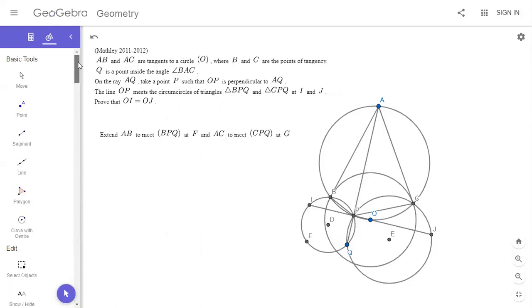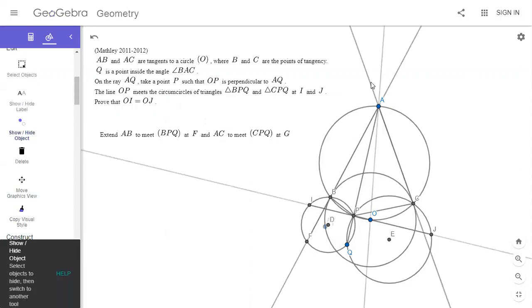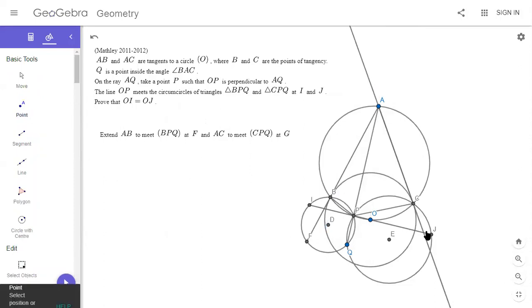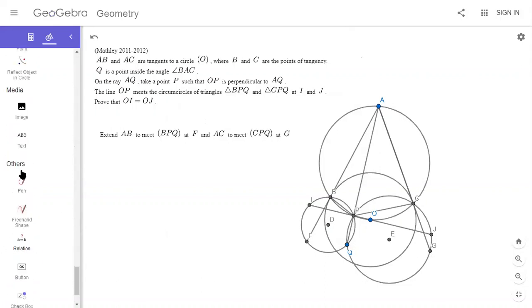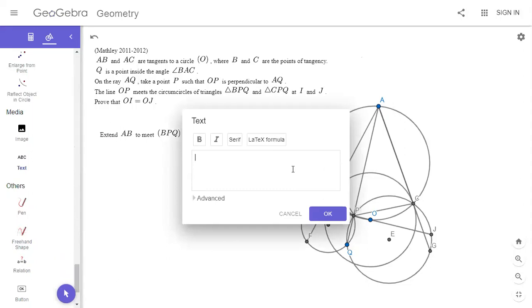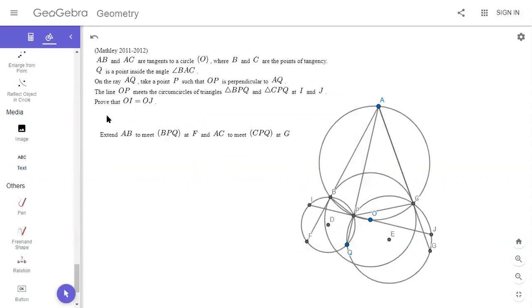And then yeah, I'll do an angle chase basically. It's just Miquel's theorem, but yeah. FQP is equal to an angle. First I should note that ABOPC is cyclic.